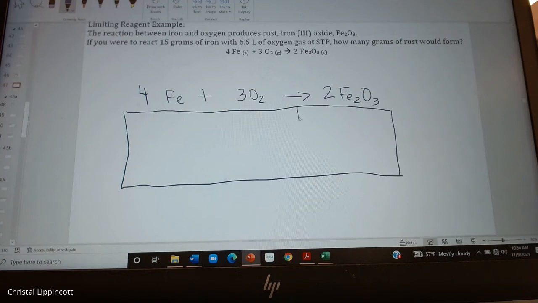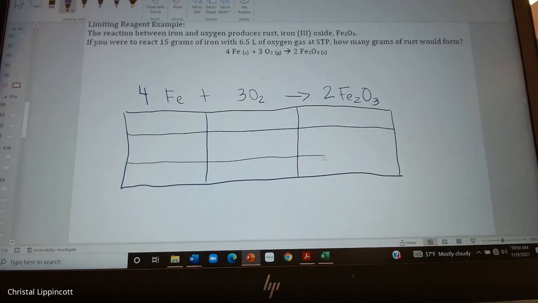It's hard to do straight lines with this pen tablet. All right, so here's my B, my C, and my A.